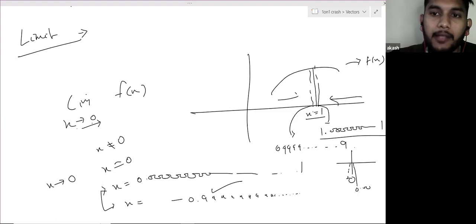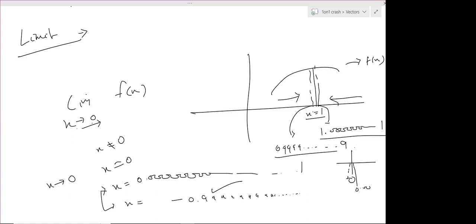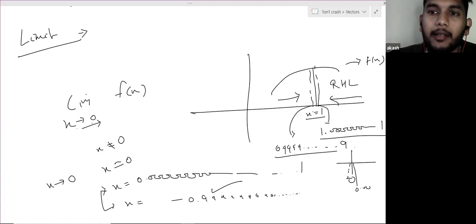If you move from the left hand side, this is called 0.99999, right? If you move from the right hand side, this is called RHL, right hand limit. If you move from the left side, this is called LHL, left hand limit.